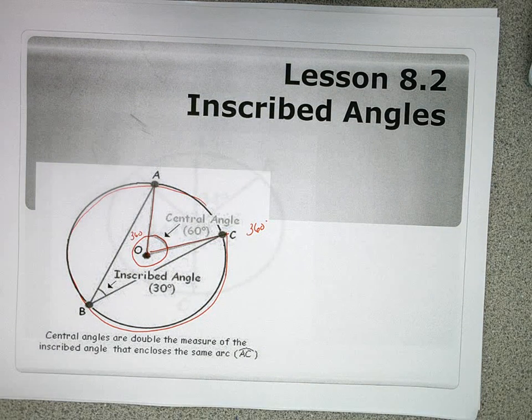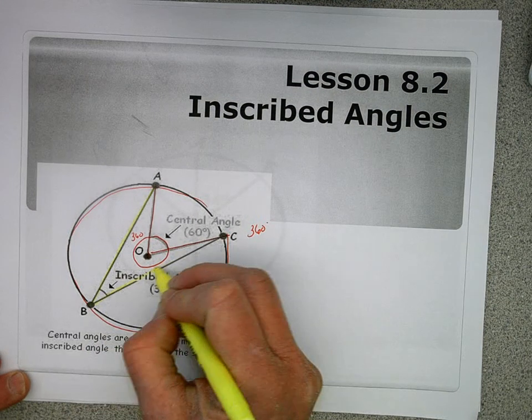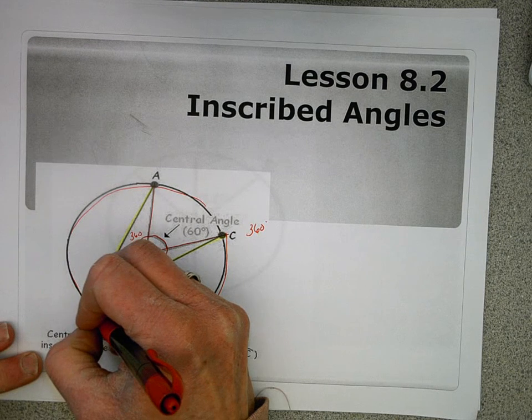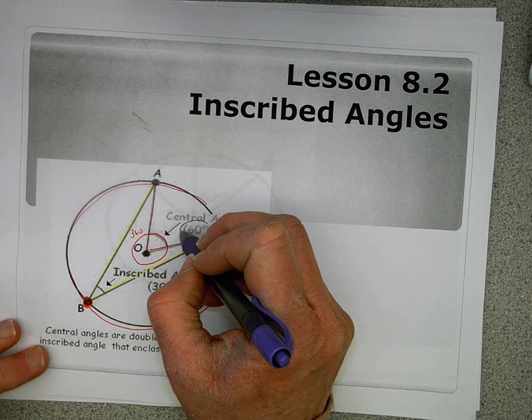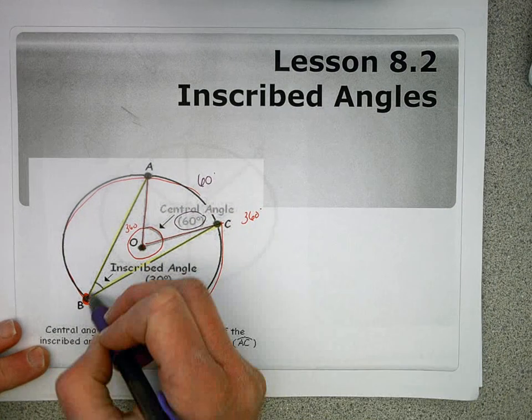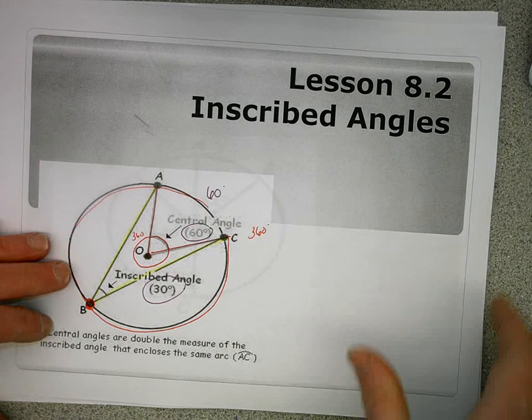But then you can have special angles that are called inscribed angles. Inscribed angles are not stopping at the center, but their vertex is on the edge of the circle. You can tell by this diagram that this angle is 60, which makes this arc 60, but this angle that's going skinnier is 30 degrees. So we'll talk about that relationship.